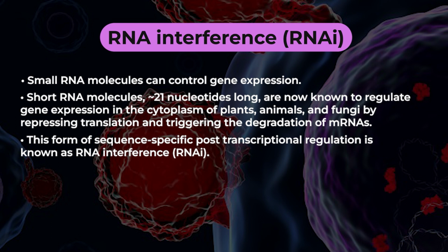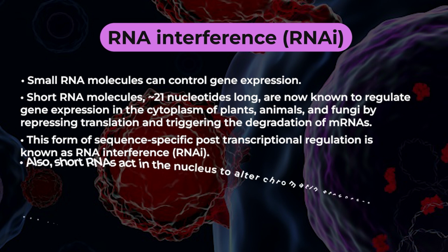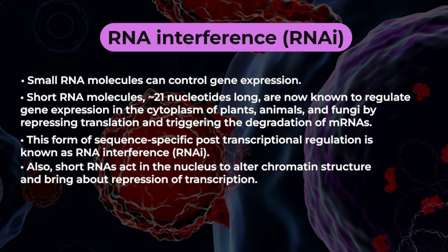There is another mechanism: short RNAs also act in the nucleus to alter the chromatin structure and bring about the repression of transcription, because if the chromatin structure is altered, the DNA will not be able to undergo transcription, so mRNA will not be produced.